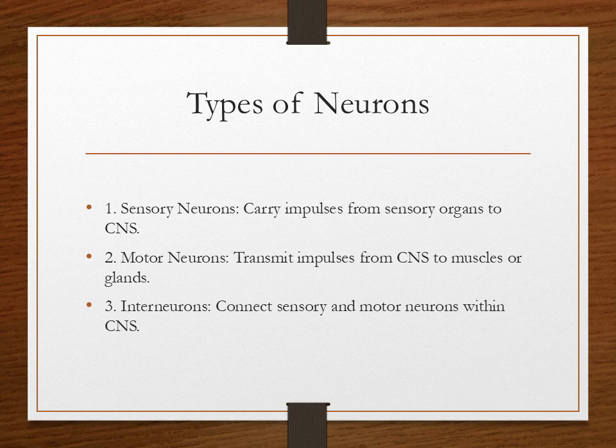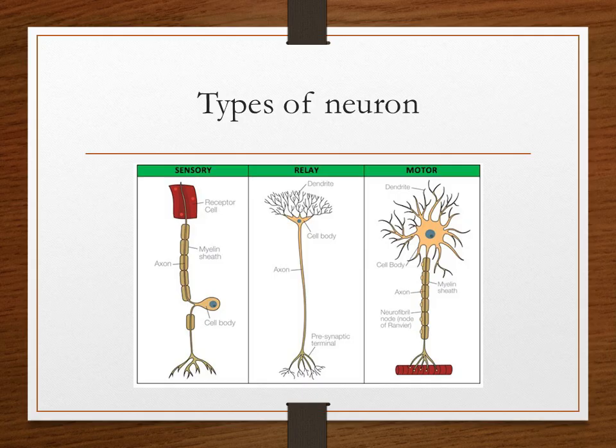One is the sensory neuron, which will carry the impulse from the sensory organs to the central nervous system. The other one is the motor neurons, which will transmit the impulse from the central nervous system to the muscles or to the glands. And third, we call relay neurons or interneurons, which will connect the sensory and the motor neurons within the central nervous system. And here you can see the image of all the three types of neurons: sensory neurons, relay neurons, and motor neurons.